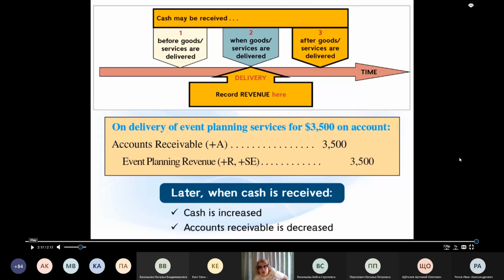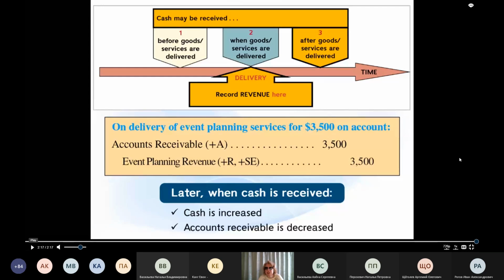So let me repeat once again the logic of the revenue recognition principle. First of all, we understand that for revenue recognition, we need the fact of delivery of goods or providing services. But we should also find the relationship between this fact of delivery or providing services and the cash payments.